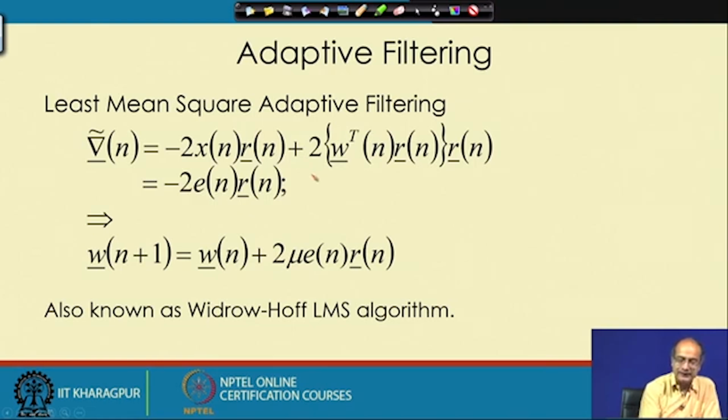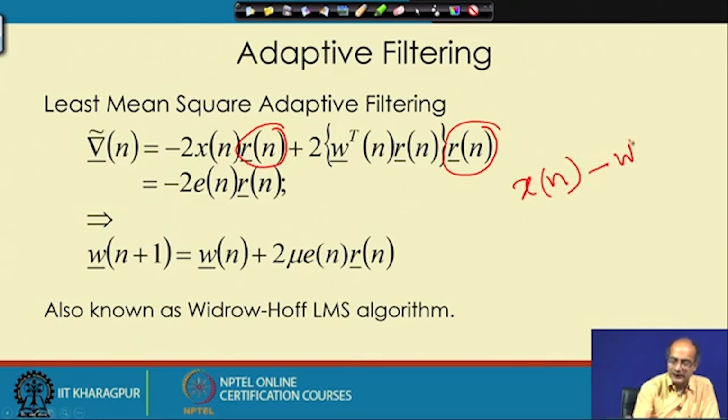If we take this part as common out of these two, we get x n minus W transpose n times r n. This is a very known form; this is our error at instant n.